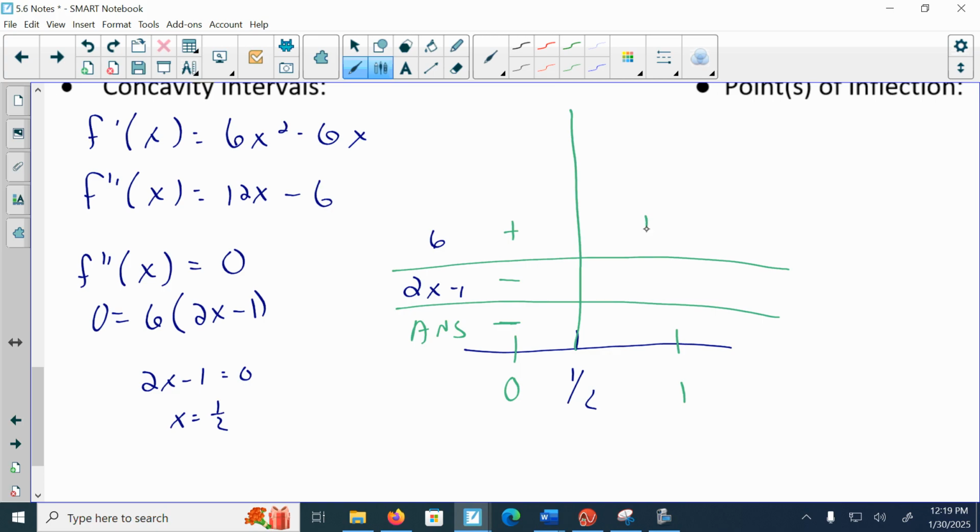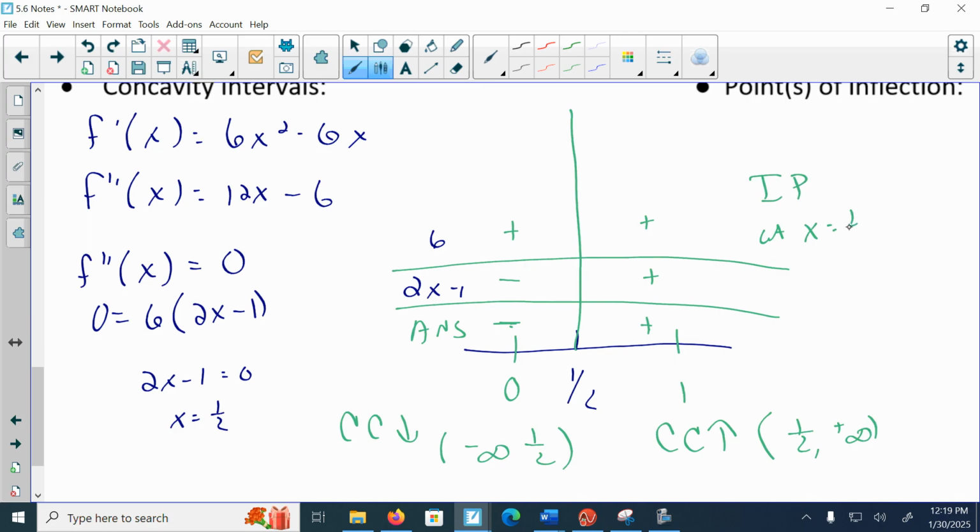If I put in 1, this is positive, this is positive. So it's going to concave down from negative infinity to 1 half, and it's going to concave up from 1 half to positive infinity. Since I have a sign change here, that means I have an inflection point at x is equal to 1 half.